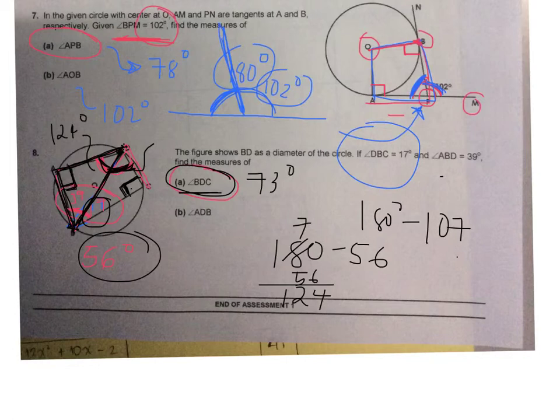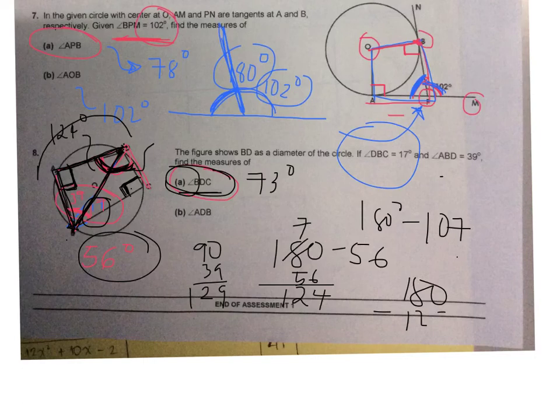Having this as 90, we want to find the measure of angle ADB, going from A to D to B. We do the same solution: 90 plus 39 is a total of 129, subtracted from 180. So 180 minus 129 gives you 51 degrees. That's it.